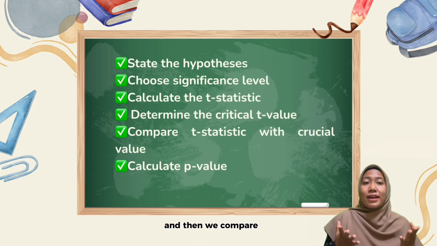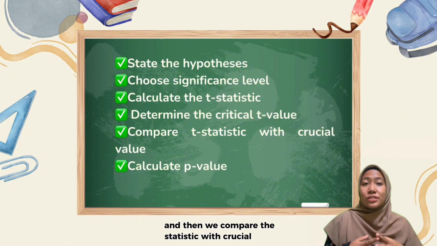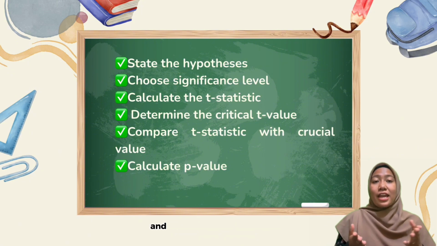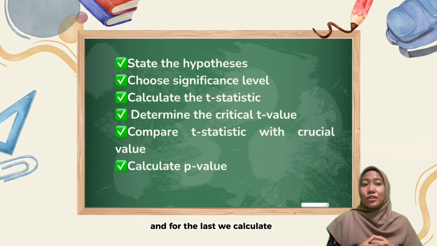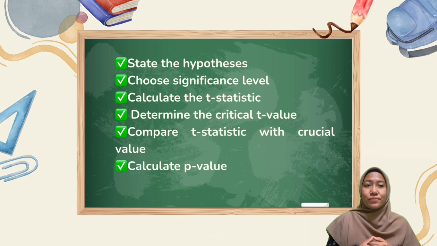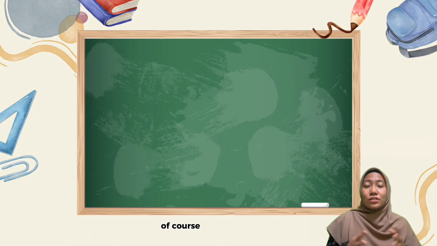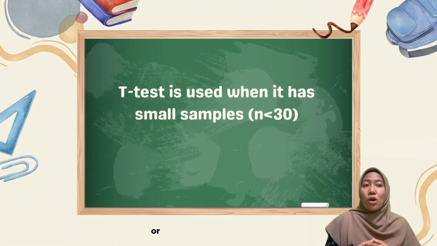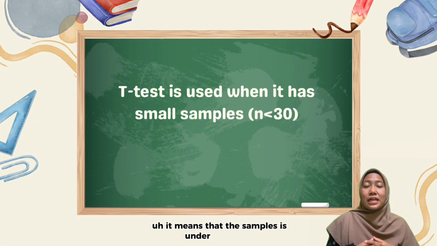And then we compare the t-statistic with the critical value. And for the last, we calculate the p-value. And then we use the t-test, of course, when we have a small sample or unknown population variance, which means that the sample is under 30.